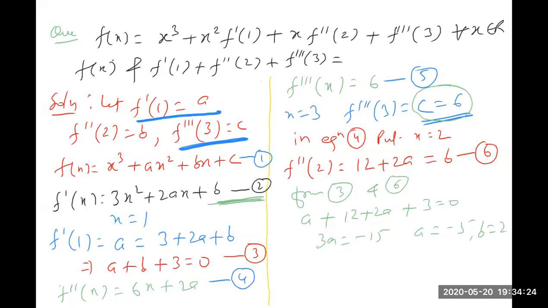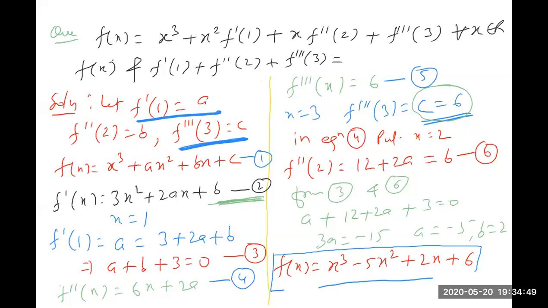So now you got the f(x). So f(x) is equal to x cube, a is minus 5, minus 5x square plus b is 2x plus c is how much? 6. This will be your equation.